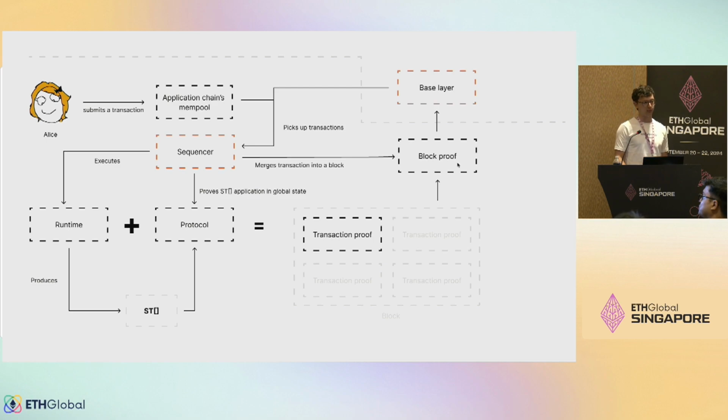Additionally, the protocol that's attached to a transaction gets executed. It also emits some state transitions. Those state transitions will be proven and, if you go to the right here, collected into the block proof. That state transition proof, along with the transaction proof, becomes the block proof. And that then gets committed to the base layer to be verified.